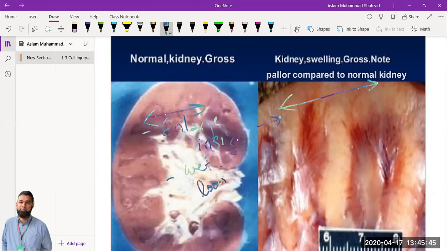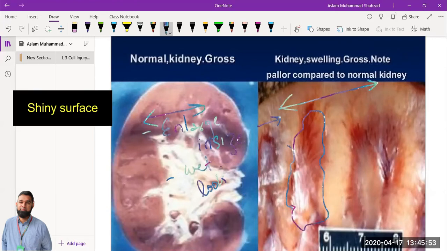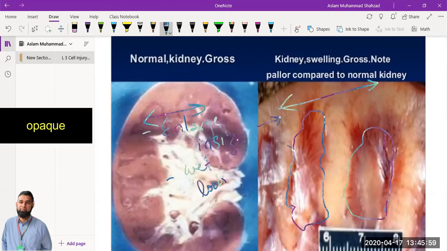Then you can see the shiny surface on this side and this surface. The surface looks opaque.